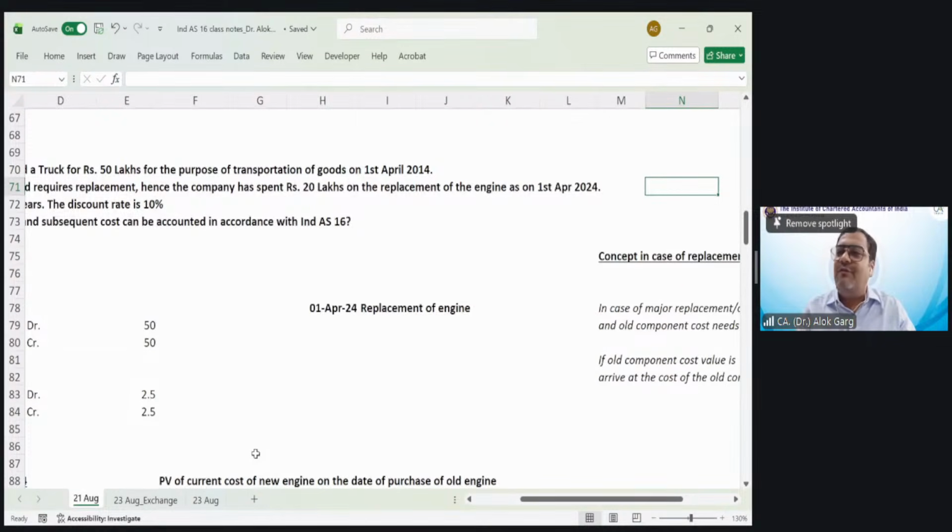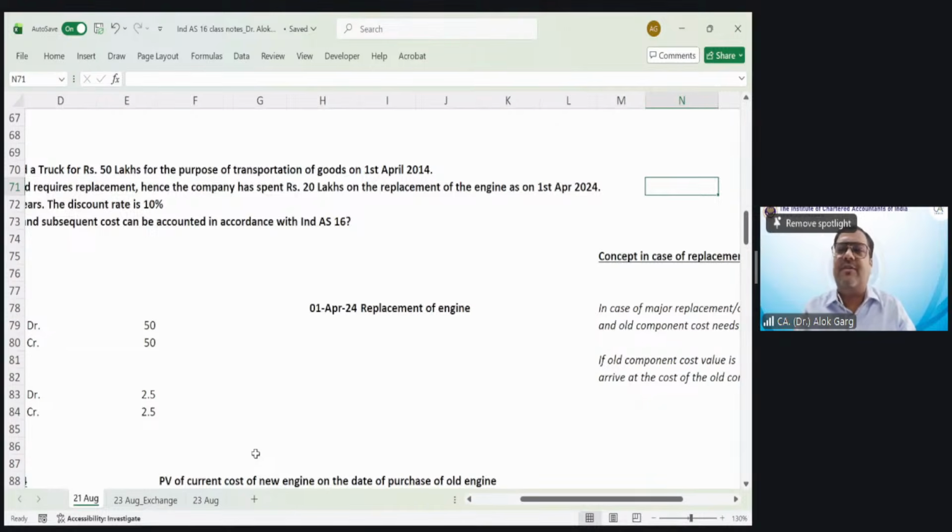Ashok Leyland will not give you an invoice giving a breakup of the truck and the engine. Nobody gives you. So when you initially capitalize the asset, whether you capitalize the truck as a complete truck or you capitalize the engine and the rest of the truck separately, what would you have done 10 years before in your fixed asset register?